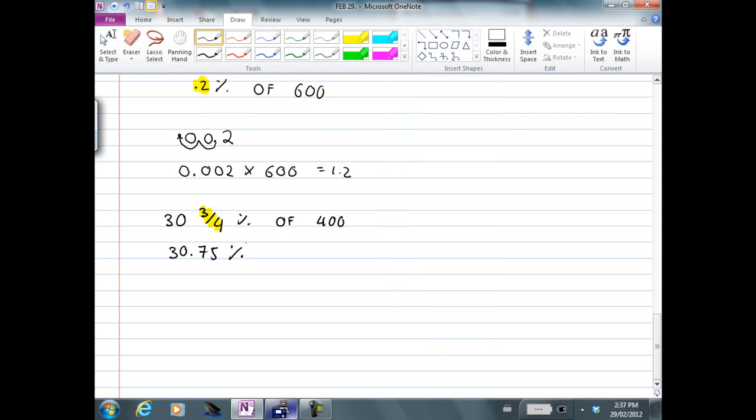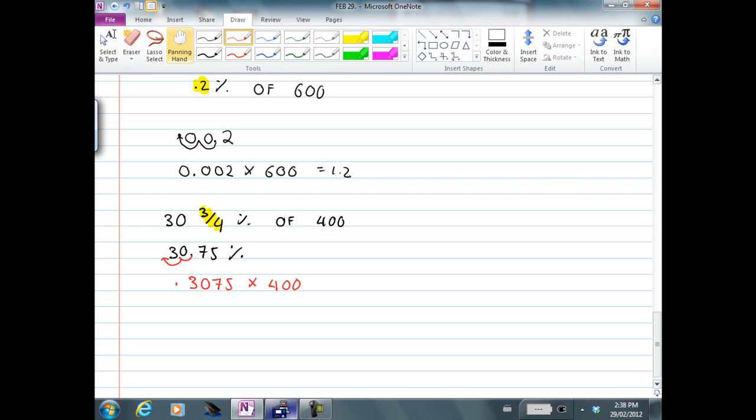If I move this decimal place 2 to the left, what would I get? 0.3075. See, when I move to the left, the percent disappears. Times 400. Sufin, what's your final answer? Oh, question.